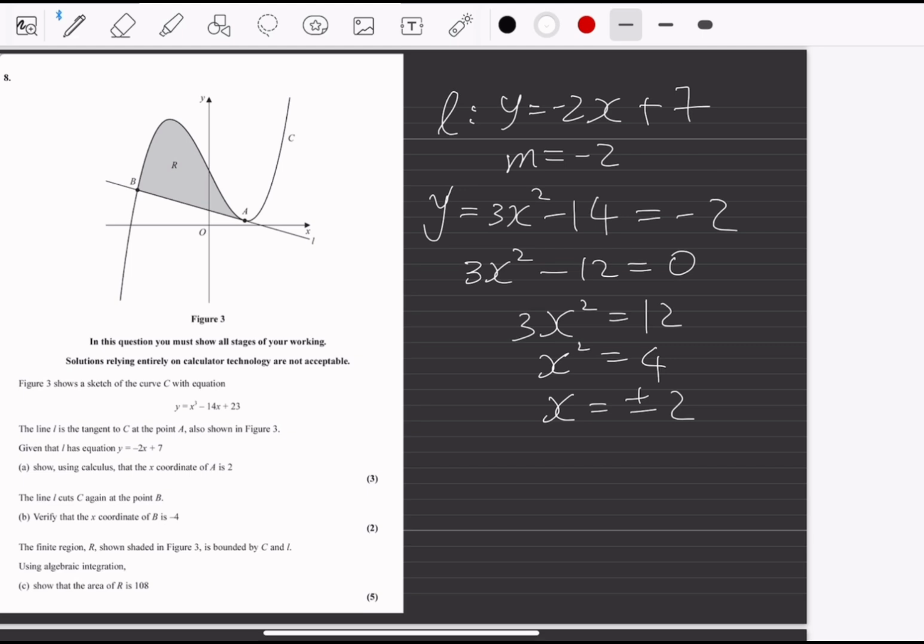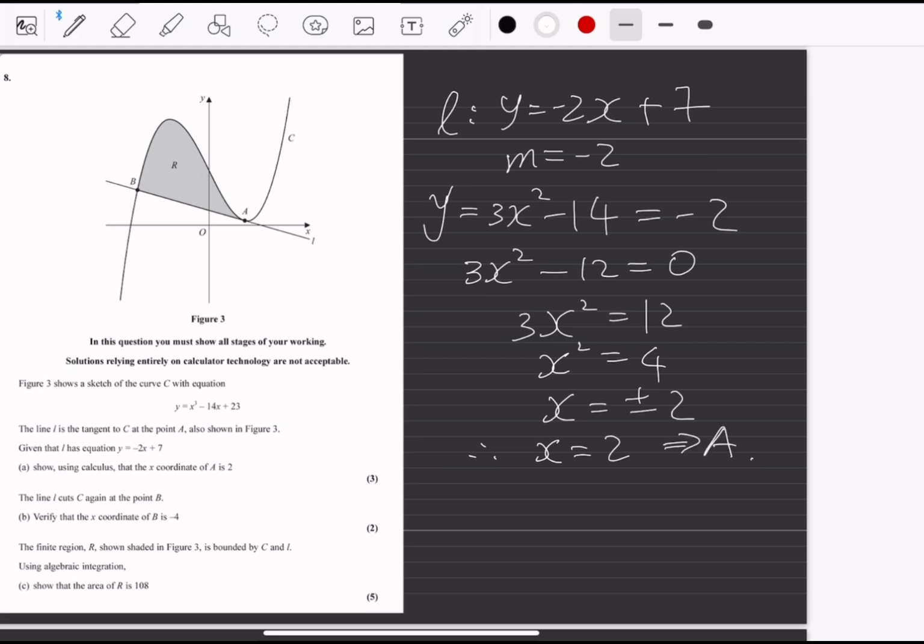And since in figure 3 we can clearly see that the x-coordinate of A is positive, therefore x equals 2 is the coordinate of the point A.